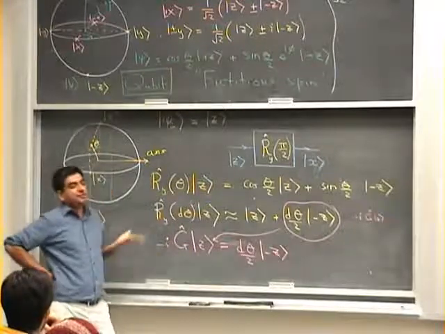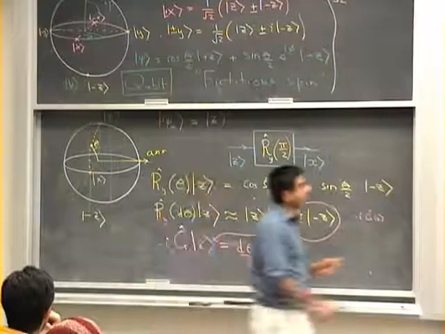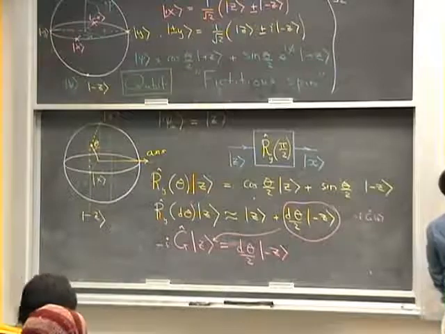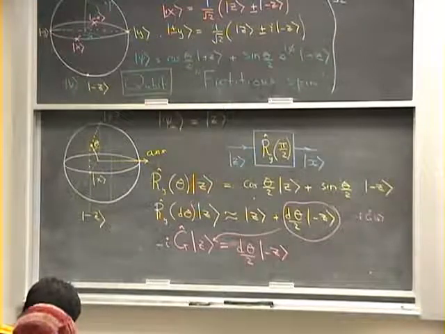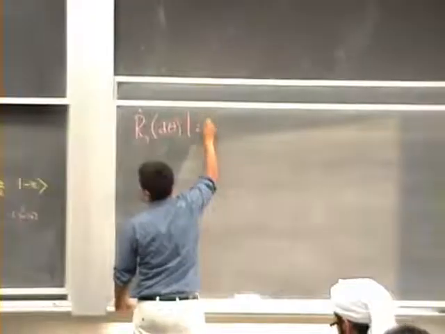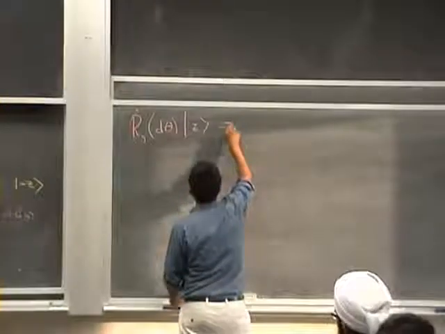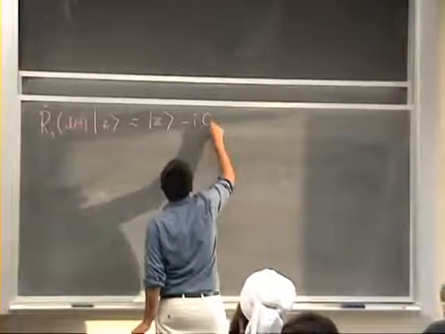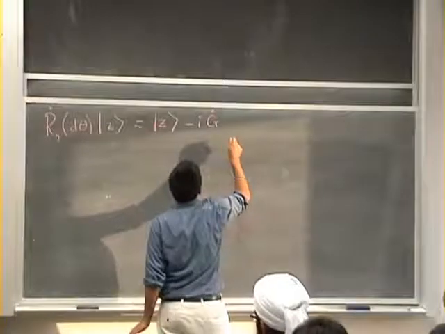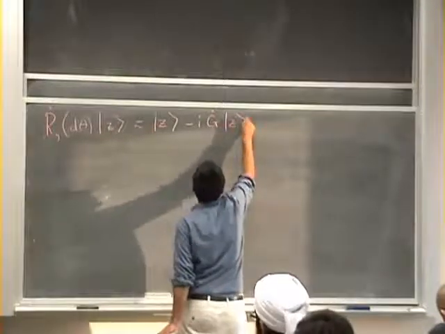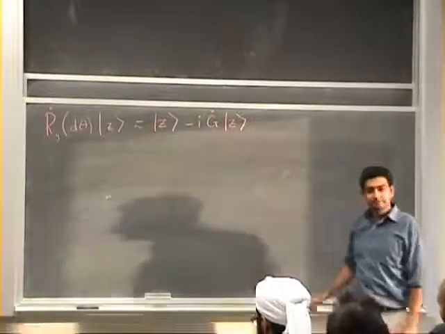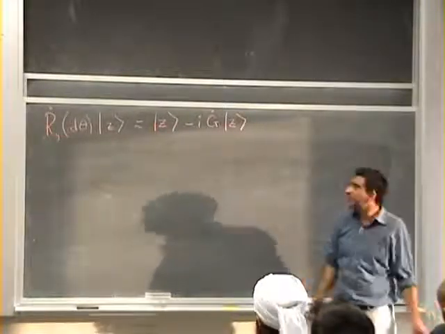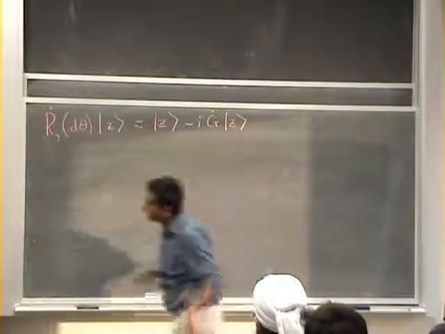If I choose such a G, then this expression, R y of d theta on z, becomes approximately equal to ket z minus iota G acting on z. Alright? I can always choose such an operator G.